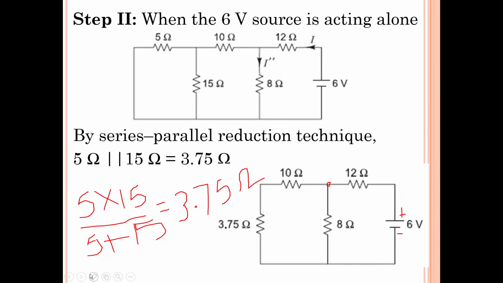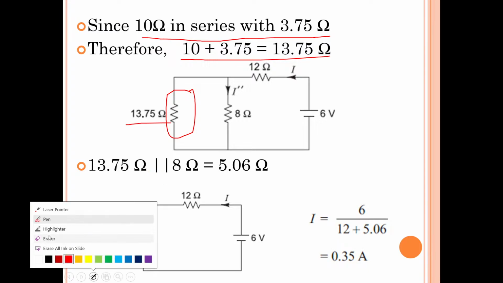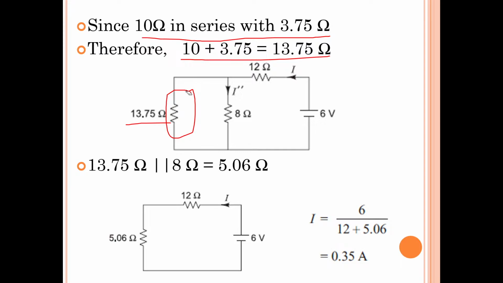You can replace this 10 ohms and 3.75 ohms, which are in series, by adding the resistance values, with a single resistor whose value is 13.75 ohms. So now this is our modified circuit.